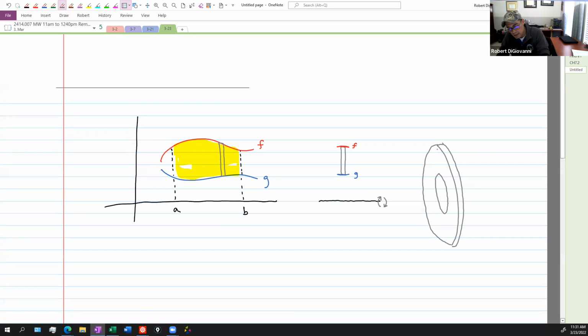If you want, you can even put your little rectangle in here to see that rectangle gets rotated around. I realize you're trying to draw something three-dimensionally on a flat sheet of paper. It's probably going to take you some time to get decent with it. Even my picture's not that great, okay? Your axis of rotation is right in here, right? You're rotating around this axis here.